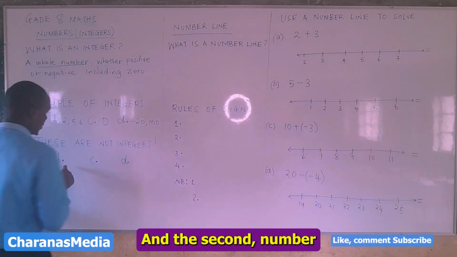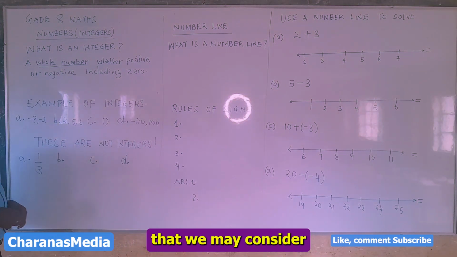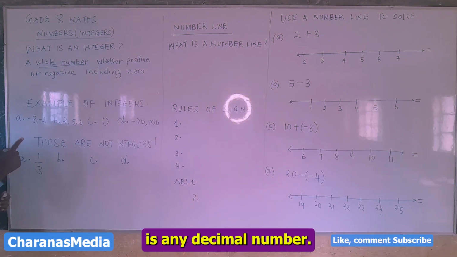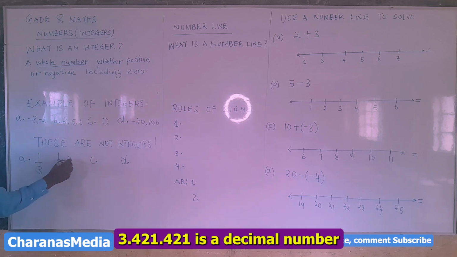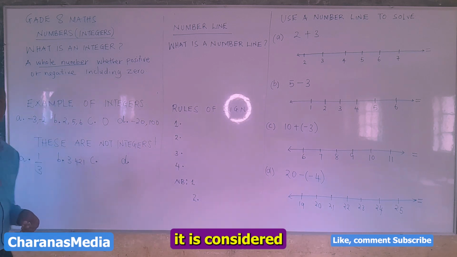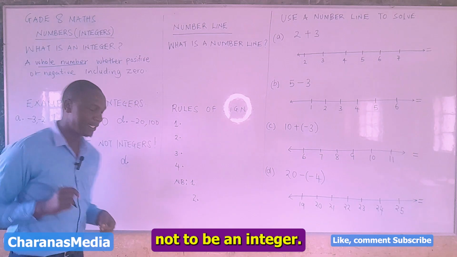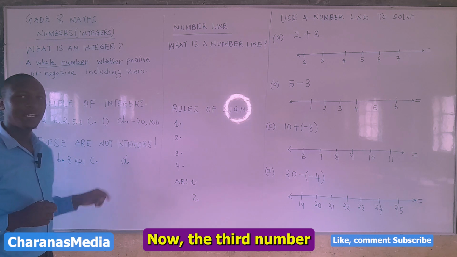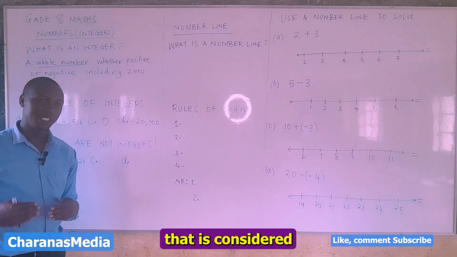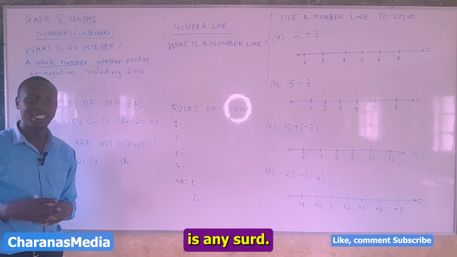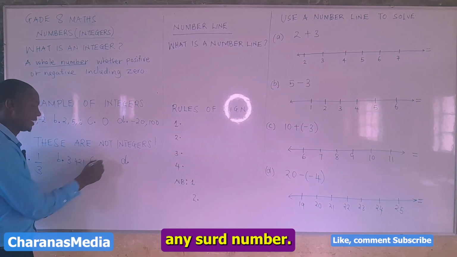And the second number that we may consider not an integer is any decimal number. For example, 3.421. 3.421 is a decimal number, and therefore it is considered not to be an integer. Now, the third number that is considered not to be an integer is any surd.